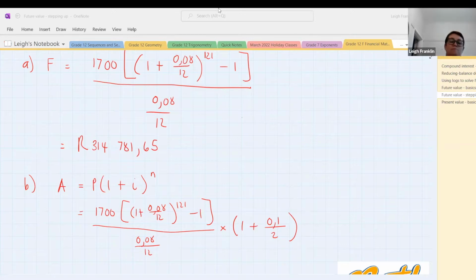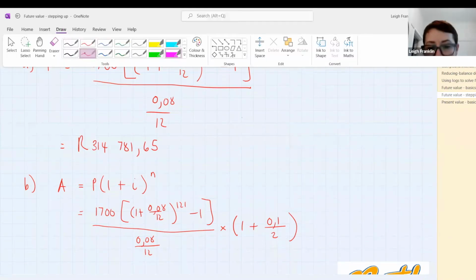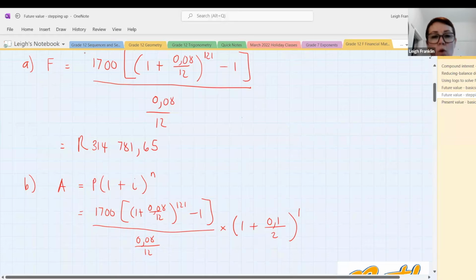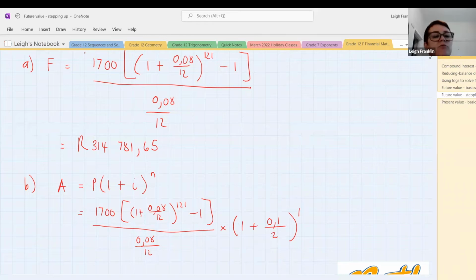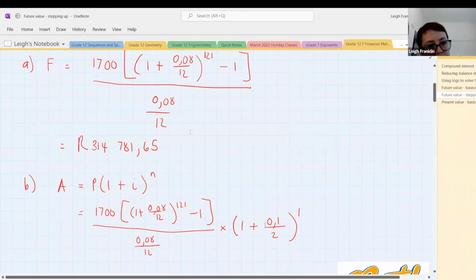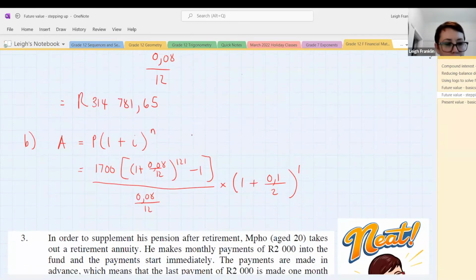Yes, Pilo. Okay, so the N in compound interest is the number of times the interest is compounded in the period. In this particular case, because the interest is compounded once every half year, and it's been left in there for half a year or 6 months, the interest will be compounded once during that period of time.